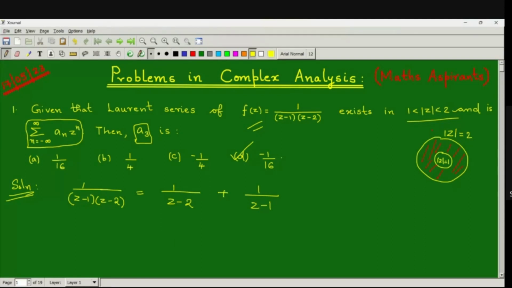Okay, I'm going to give a plus. Then what is this? (z minus 1) plus (z minus 2). So it is not going to work, right? Here we need a minus. So what is this? The numerator is 1 and the denominator is the product. So we can understand that this is the factorization.